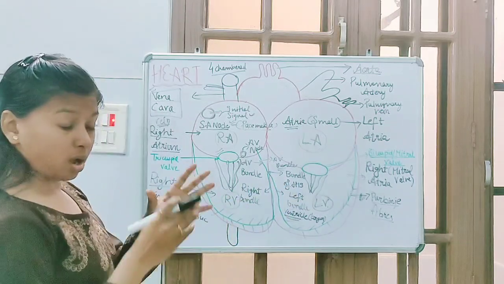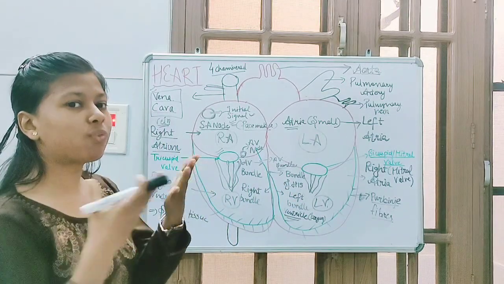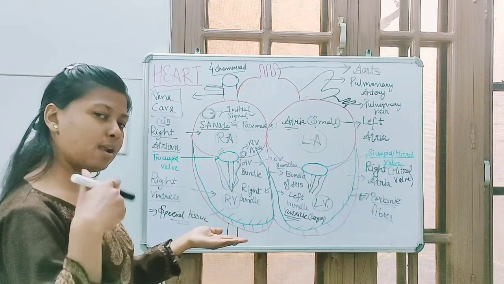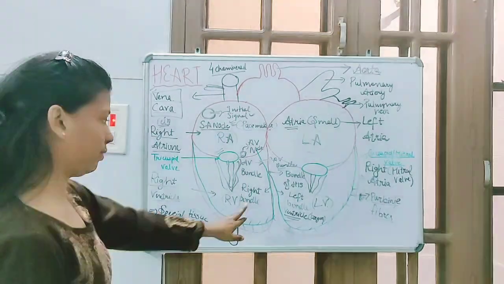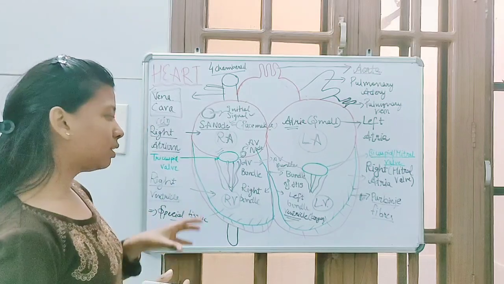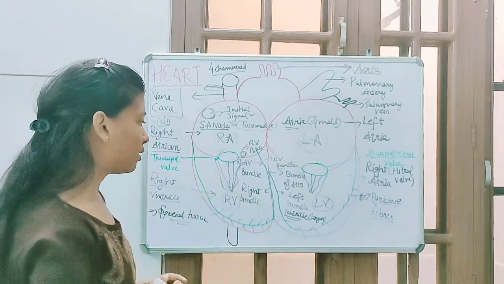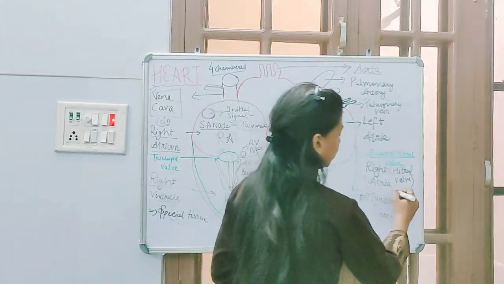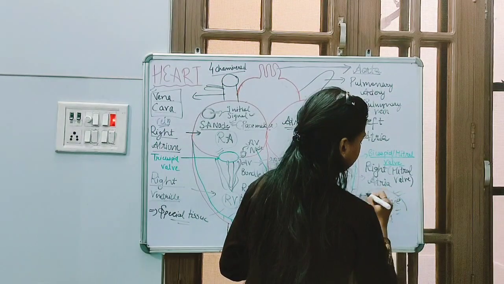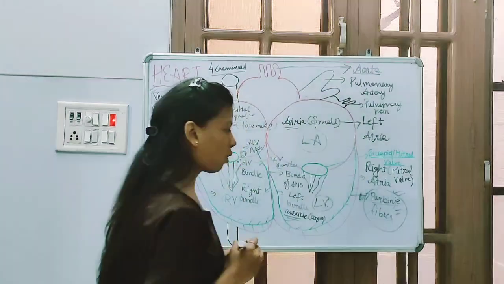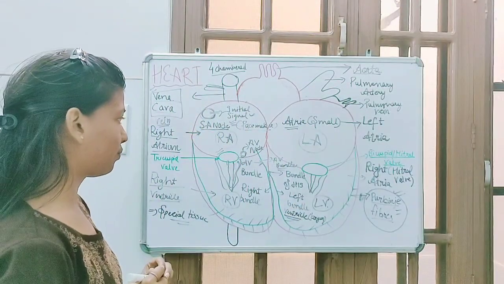That further divides into the right and left bundles, and these bundles have small fiber-like projections. These projections are called Purkinje fibers.